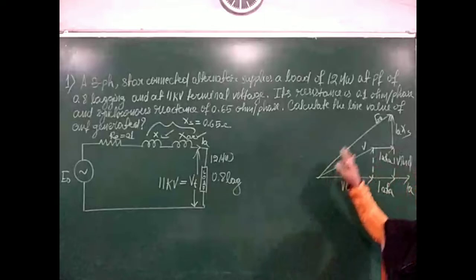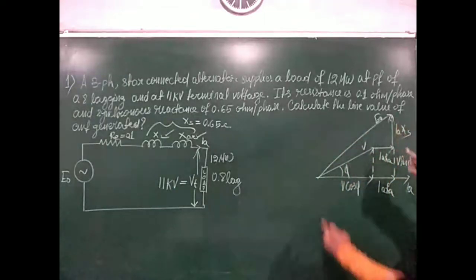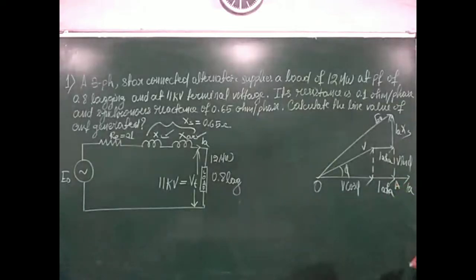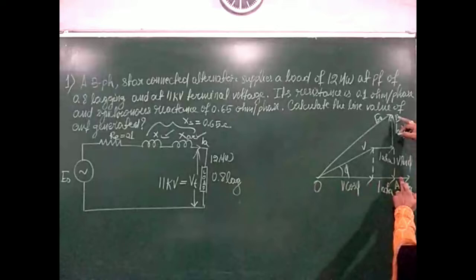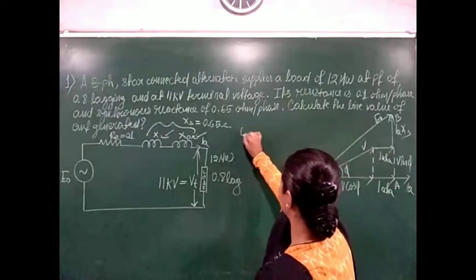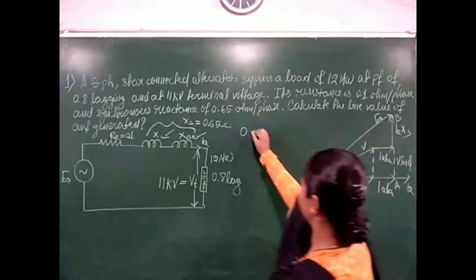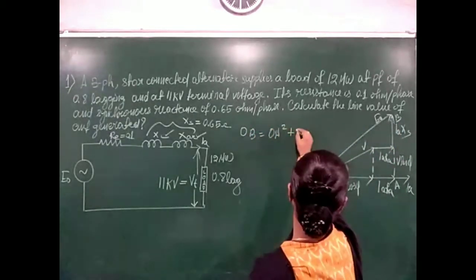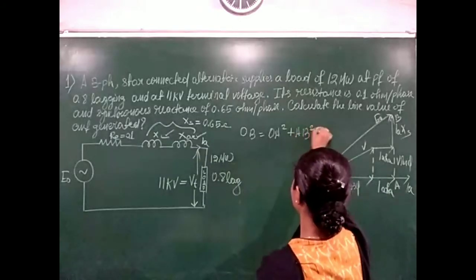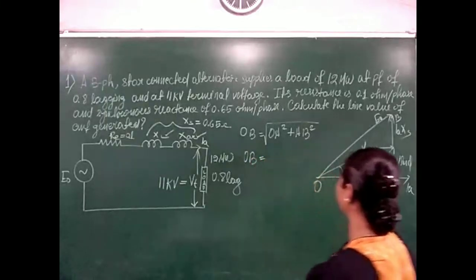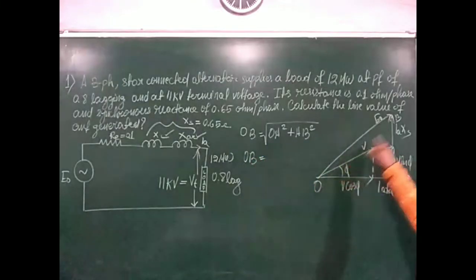So from this phasor diagram, E0 is the phasor sum of OA and AB. OB is equal to the square root of OA square plus AB square. What is OB?